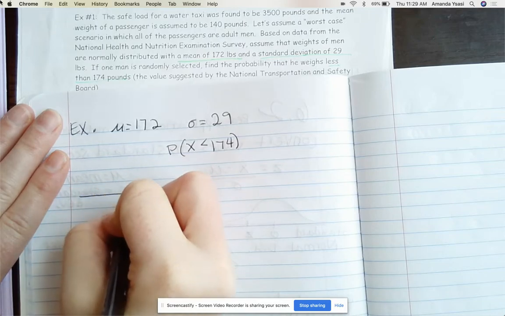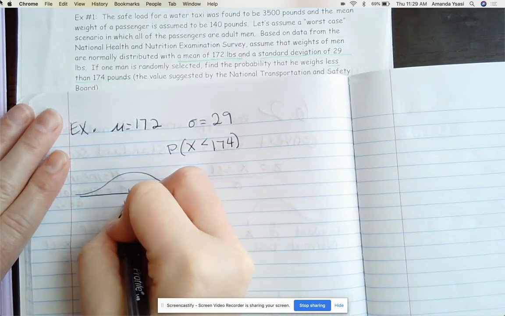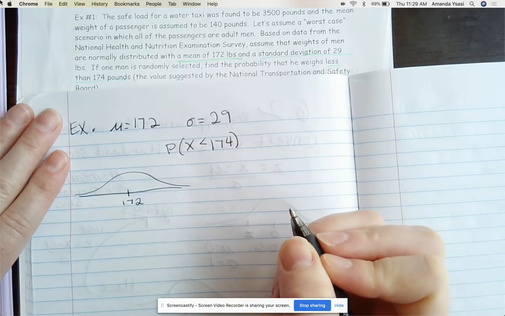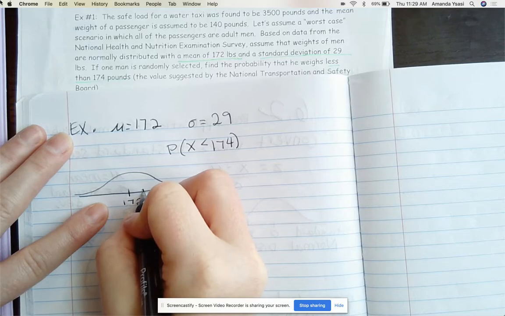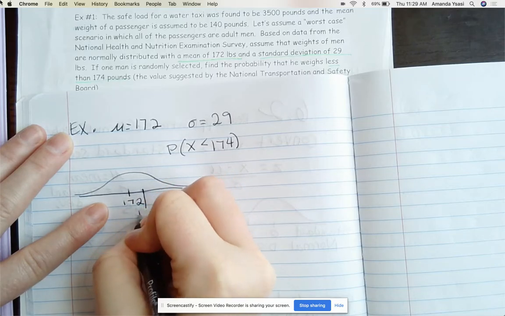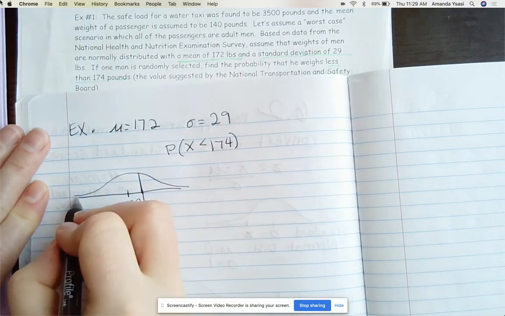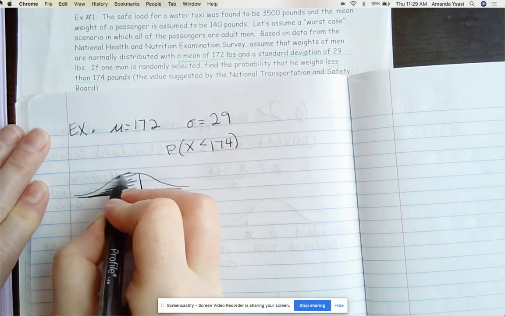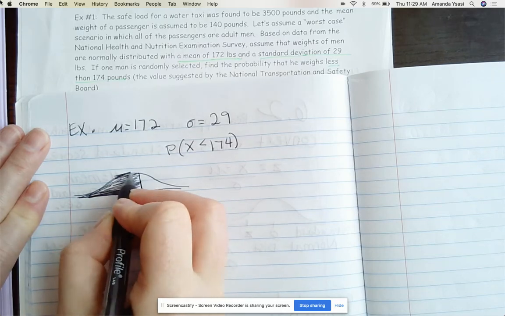So let's look at our curve. We're going to label our mu 172. 174 would be right here, and we want less than. So now we're going to shade to the left, and we want to find the area to the left.